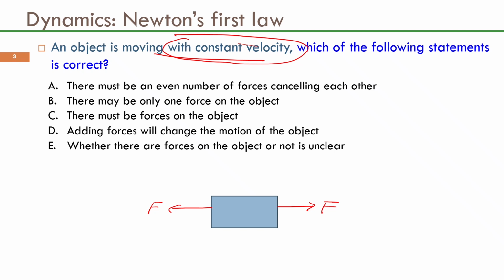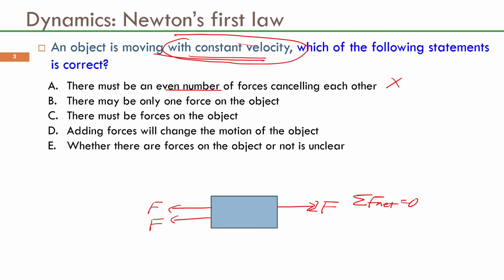You don't have to have an even number of forces. For example, I can apply a force of 2F on this side and the other two forces on the left side. In this case, my net external force is still 0, so the object may be under 3 forces and moving with constant velocity. So this choice is wrong.